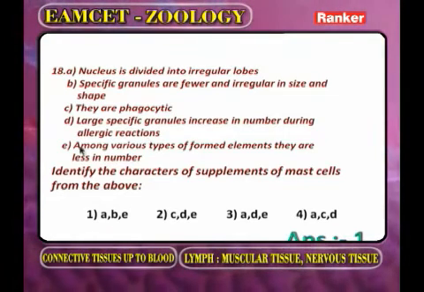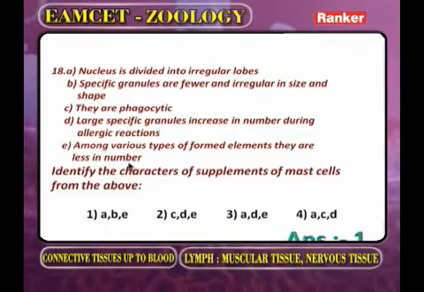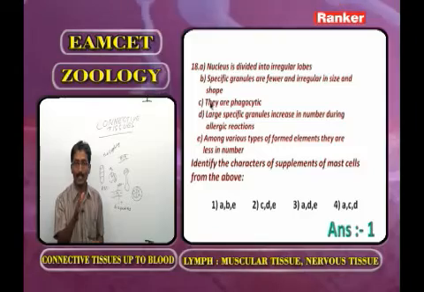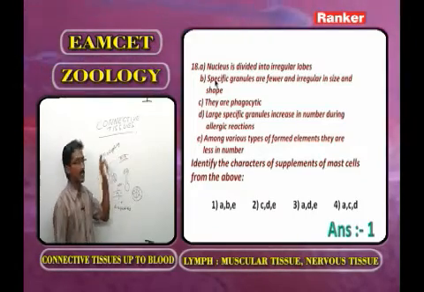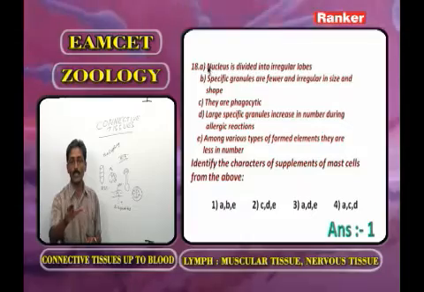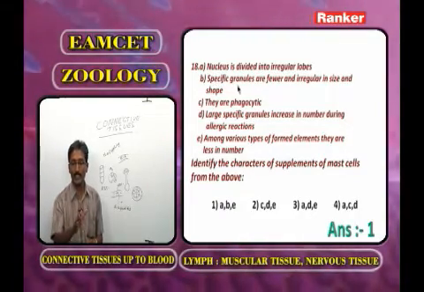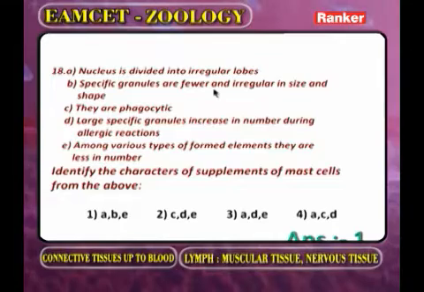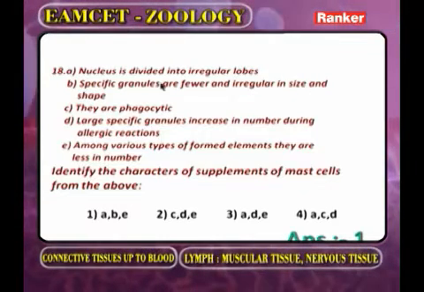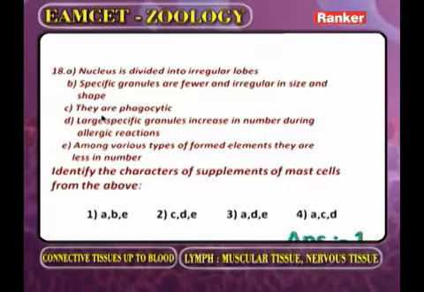Now E: among various types of formed elements, they are less in number. Now you have to guess the answer. The answer is the first. It means regarding the supplements of mast cells, basophils. What are the correct statements regarding the basophils? The nucleus is divided into irregular lobes. And the second one, specific granules are less in number and irregular in size and shape. And the third one, basophils are not at all phagocytic.